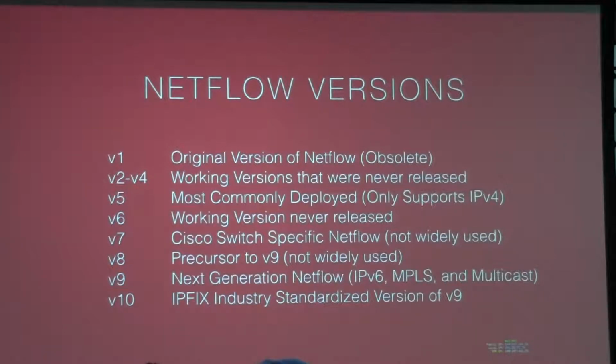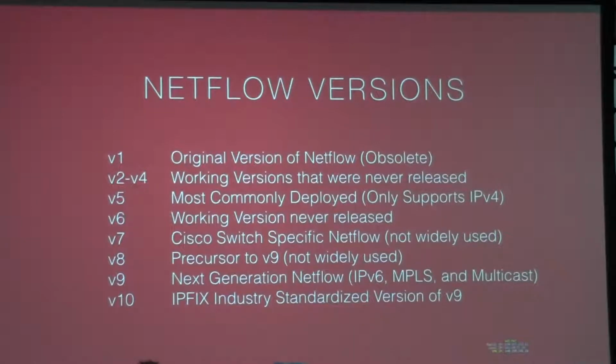The problem with that is it doesn't support IPv6, so time passes, the years roll by, and now we're up to Flow v9 that's out there now, which is where a lot of people are starting to move because it supports IPv6, some other things like that. And the cool thing is Flow version 10 is now a standardized open source version that's being developed.